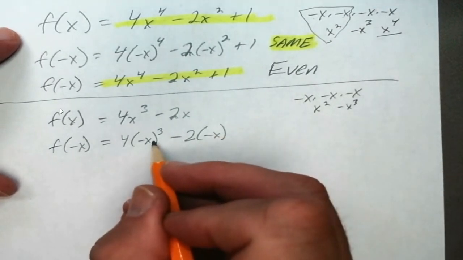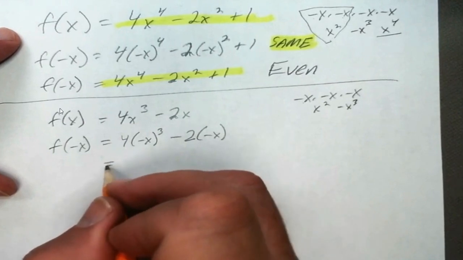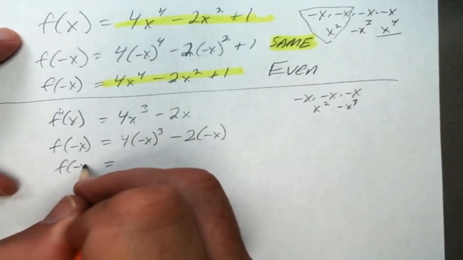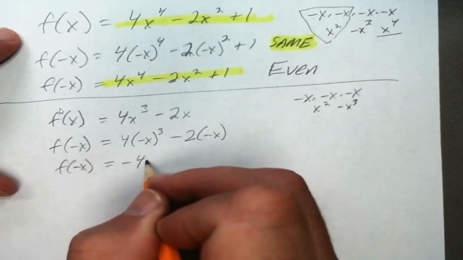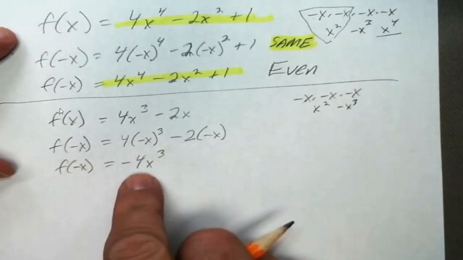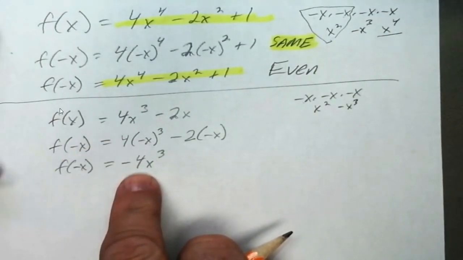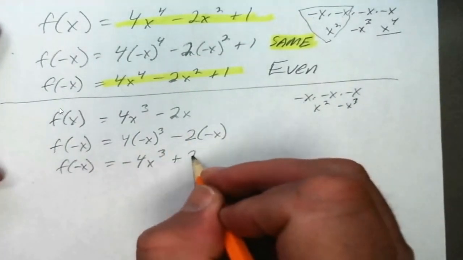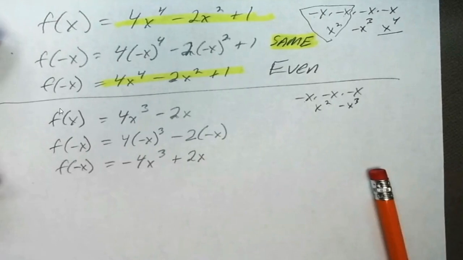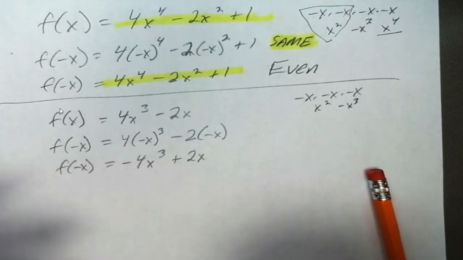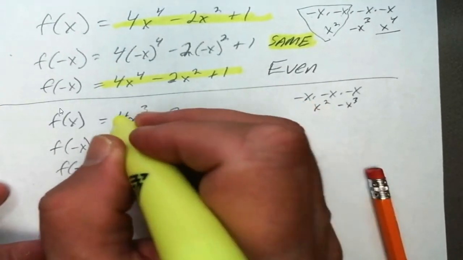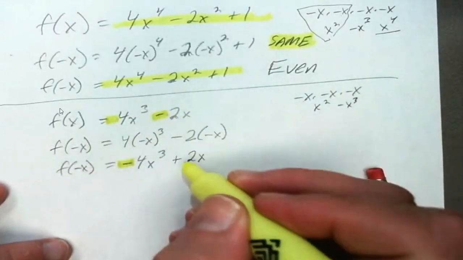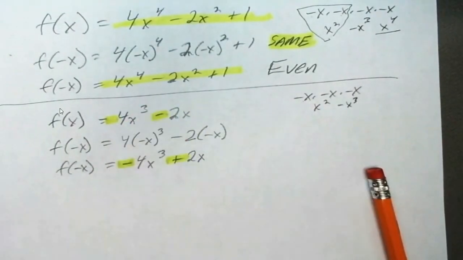So this becomes negative x to the third times 4. So f of negative x equals negative 4x to the third, as we took 4 times negative x to the third. And negative 2 times negative x is positive 2x. So when I look at this, this is now a negative when it was a positive, and this one's a positive when it was a negative.